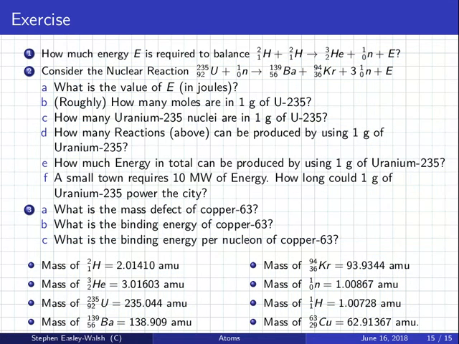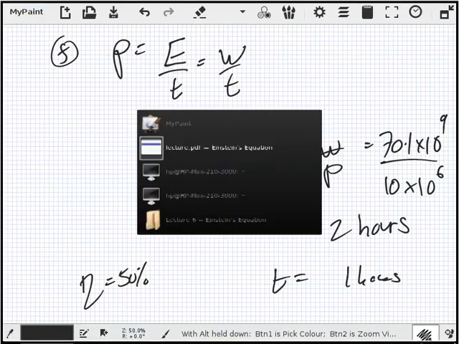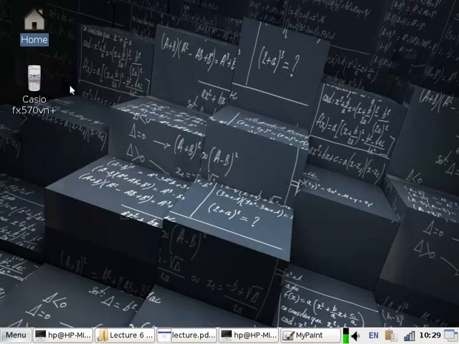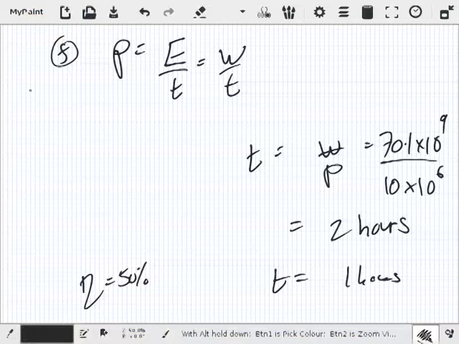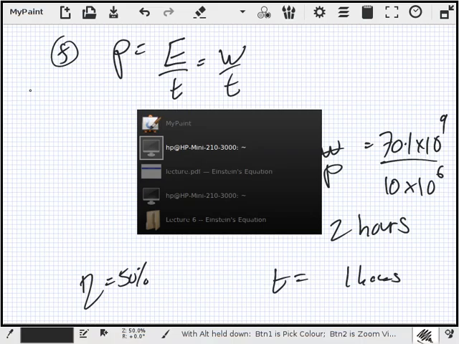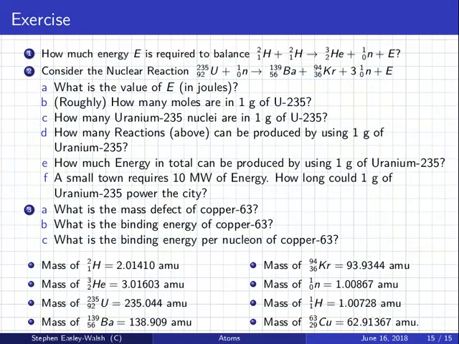What is the mass defect of copper? Now let me try and open up the calculator and hopefully I won't crash the PC. So, when you look at copper 63, what's the atomic number of copper? I don't know. You've got the periodic table. What is it for copper?